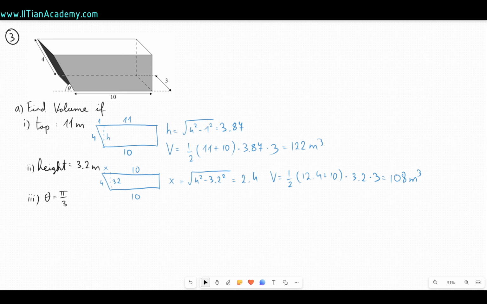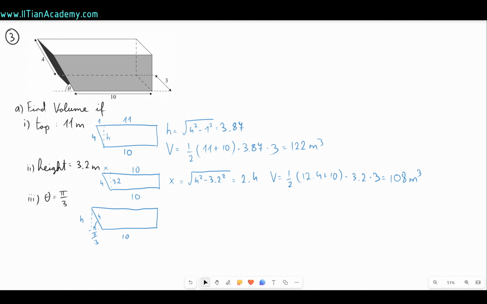And in the last part, we're given the angle theta. So let's draw it again. We have this. Now we know that this angle here is pi over 3. This is still 10. This is still 4. And well, now we don't really know the height, so this will be the height here. Let's say that this horizontal distance is x.